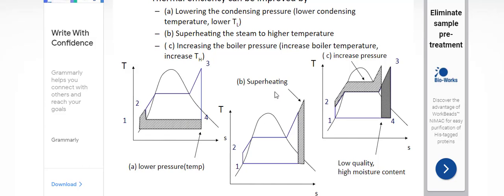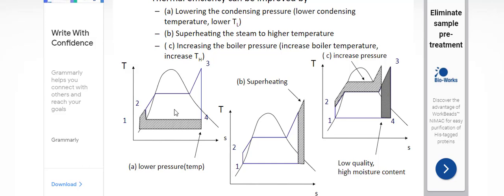If I can increase the superheating temperature, then also the work done by the turbine increases. And in the case of the reheating cycle, we are also able to increase the work done by the turbine.